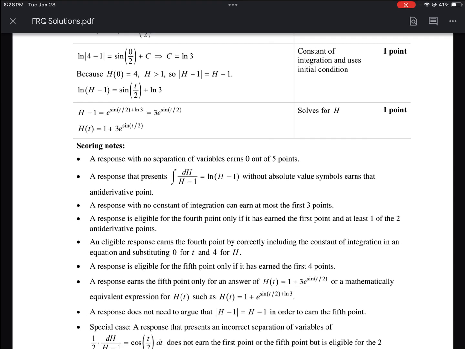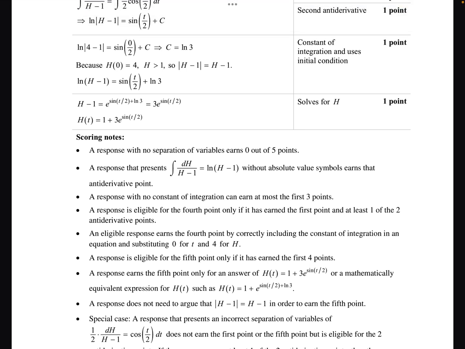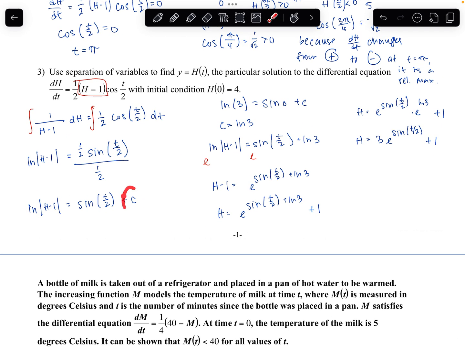They're not going to take away a point if you don't do that. A response with no constant of integration can earn at most the first 3 points. So if you don't do anything with this constant of integration right here, then you can get 3 out of the 5 points. If that makes sense.